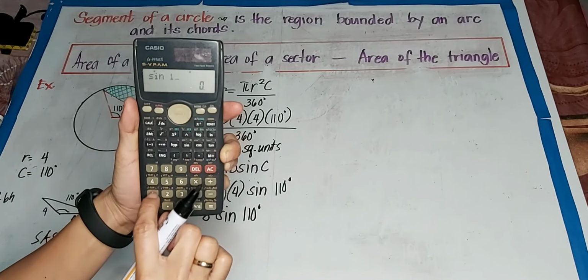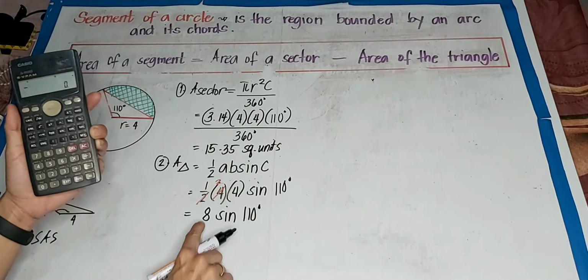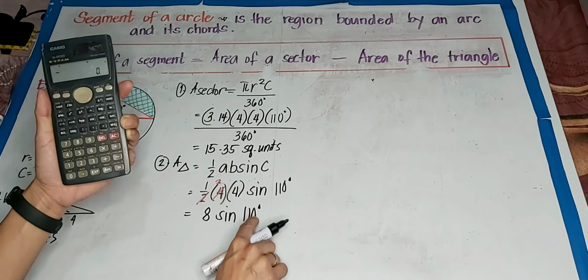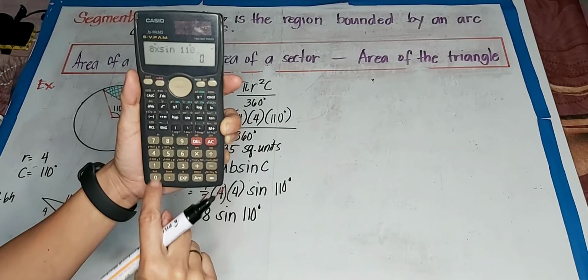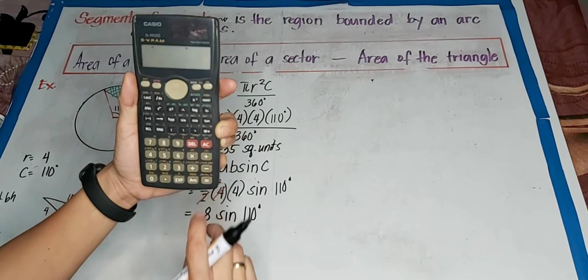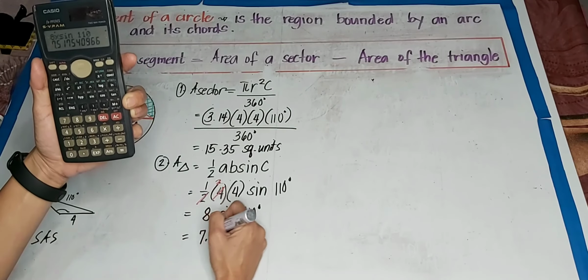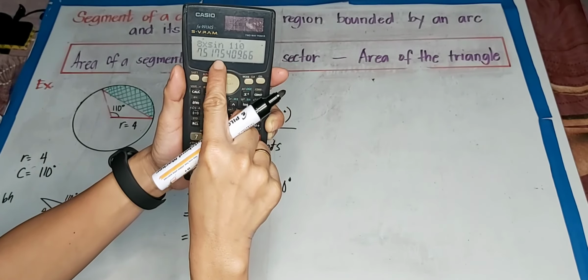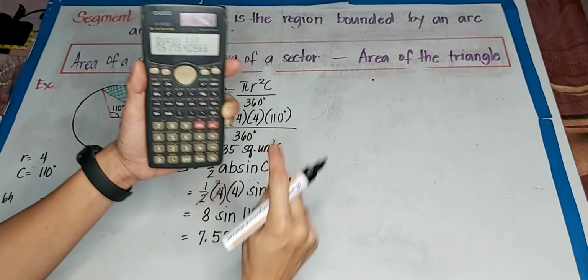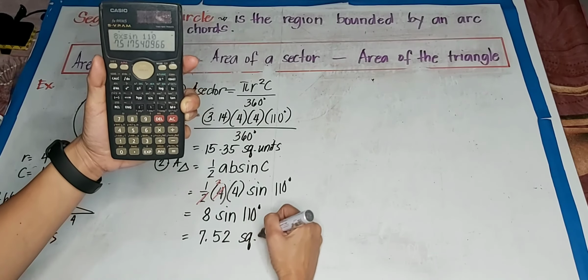So, sine 110. Okay, pero gawin natin diretso na 8 times sine 110 equals 7.52. So, nag-round off ako 7.52 square units.